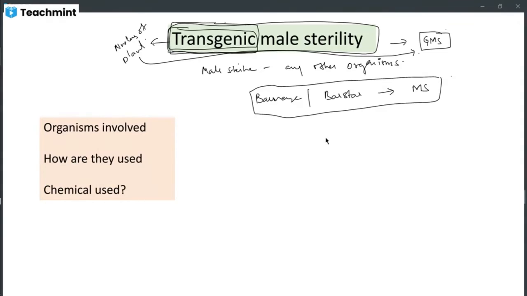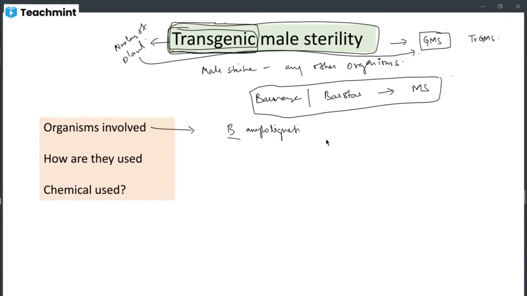Whereas in the case of this Barnase-Barstar system of transgenic male sterility, do you know which organism is involved? Bacillus amyloliquefaciens.